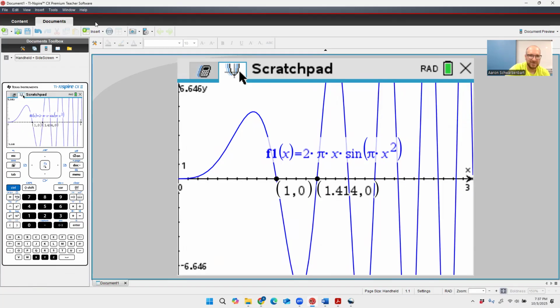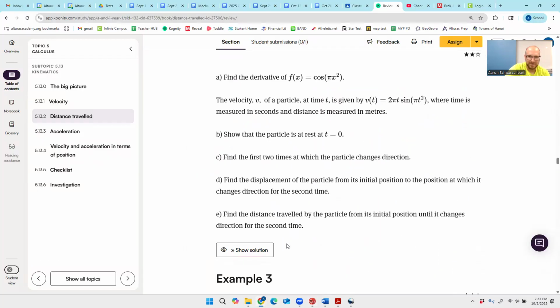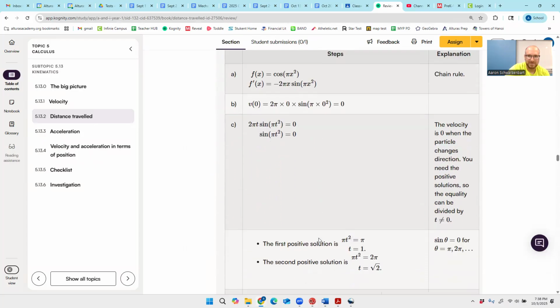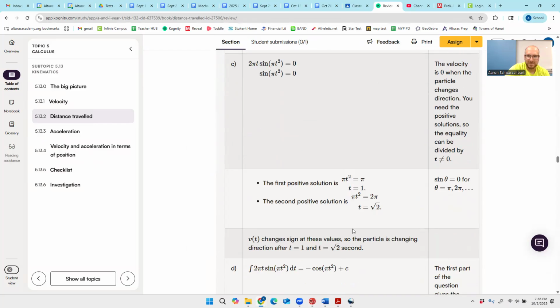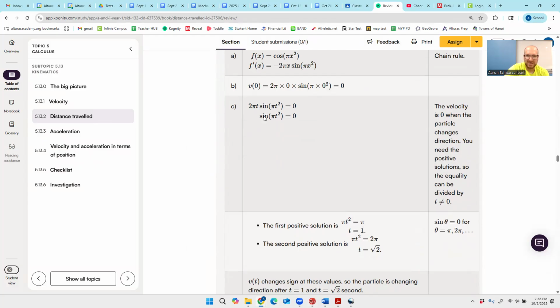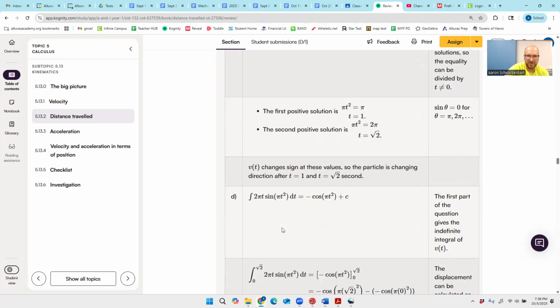How lovely. So 1 and square root of 2. You could look by solving these, yes, at the unit circle, but I really liked the graph. It worked very well.